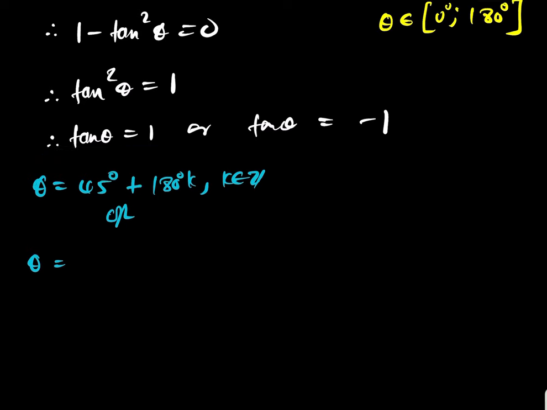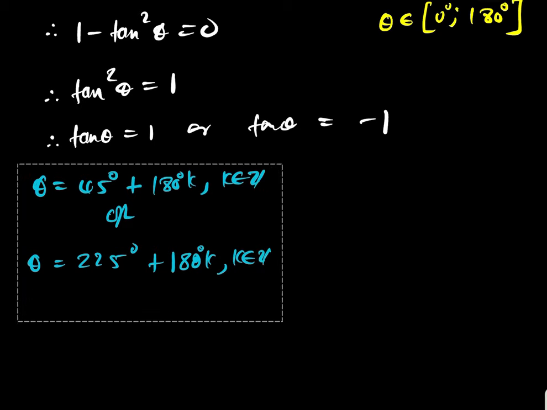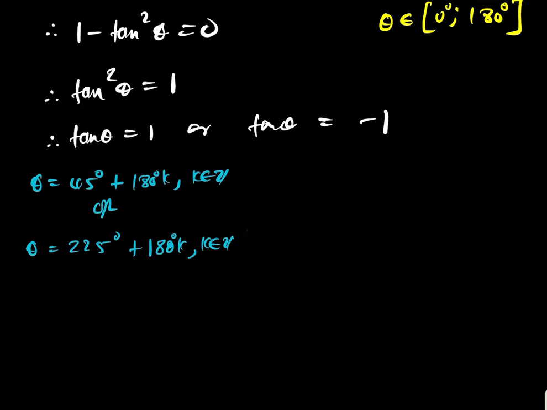So this should possibly be, if you add 45 to 180, so 180 plus 45, that is going to give me 225, which is outside the bounds, but it's good that we write it. So this is really going to be 180 degrees k, where k is an element of integers. That's the first part. We get these two guys here.